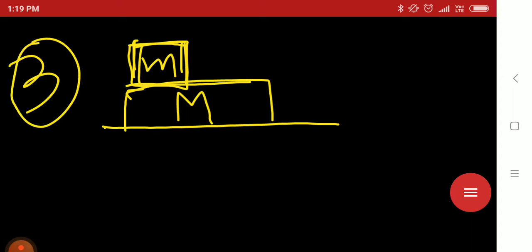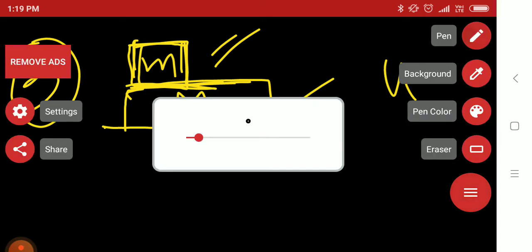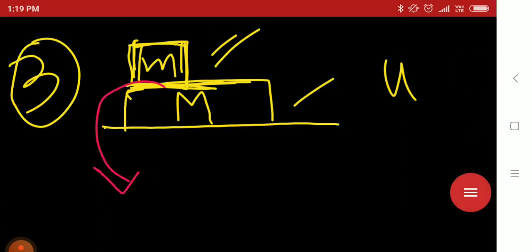So what is the question? The system has two blocks, one block is capital M, another block is small m. This system started with velocity u. Let me change the color of the pen so that you will understand here.